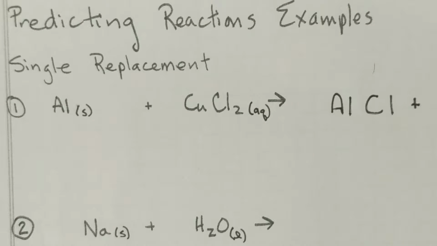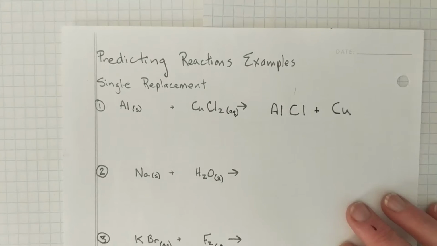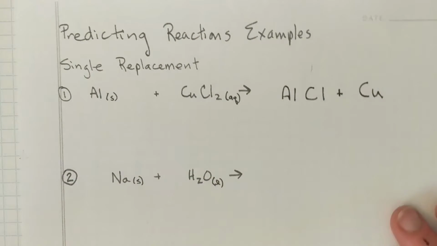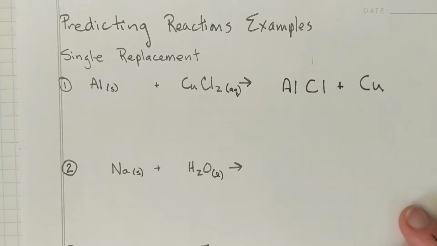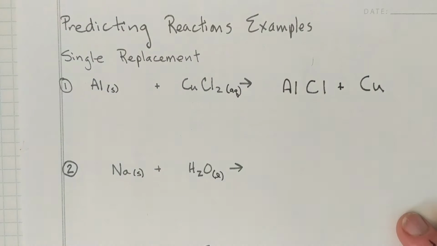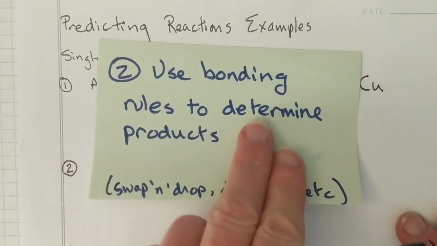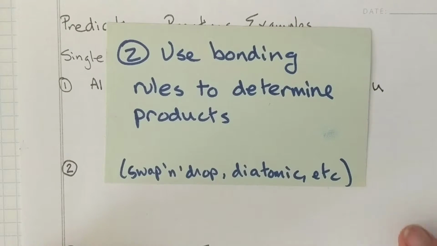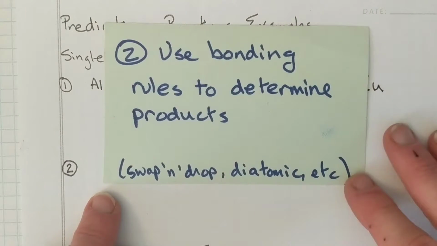Well, how do we know this is going to happen? We need to look at our activity series. So we determine the type of reaction: a metal-to-metal single replacement. Then we use the bonding rules to determine the products.